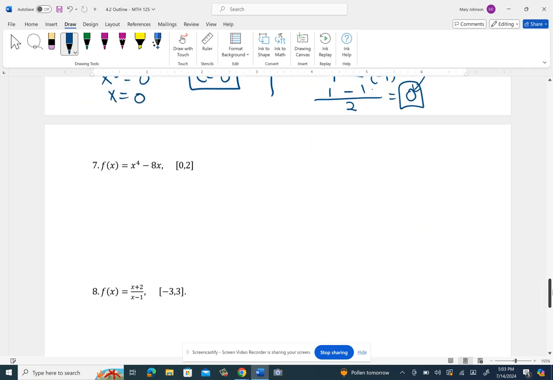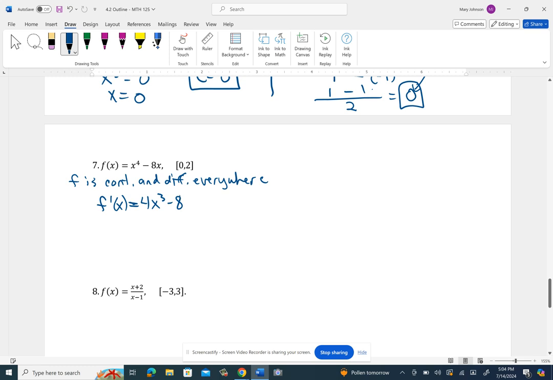All right, so here's one where it's also a polynomial. So f is continuous and differentiable everywhere. So Rolle's applies. Okay, so then I'm going to do f prime of x the usual way. Just do 4x to the 3rd minus 8.